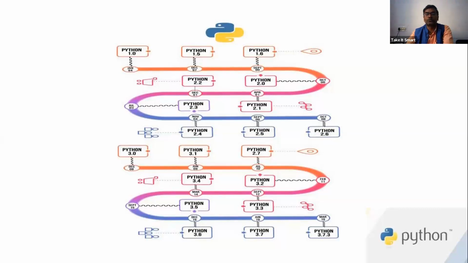I have also used 2.7. 2.7 is not like it came before 3.0. 2.7 was an upgradation of 2.6, which got released after 3.0 and 3.1.